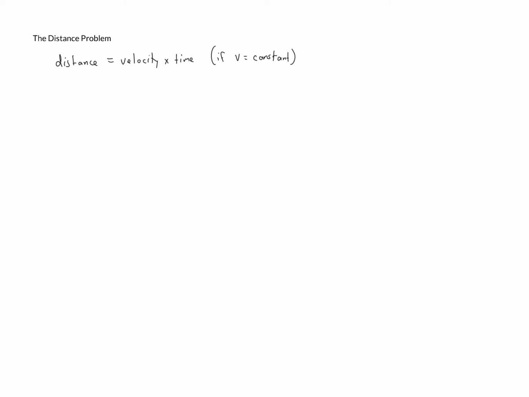But that's no fun. We want to look at what happens when we have velocity that varies. And so this becomes a slightly more difficult problem. And the way I want to frame this to you is by giving you a supposition. So let's suppose the odometer in a car, which tells us how far we've traveled, is broken, and we want to estimate the distance driven over a 30-second time interval.